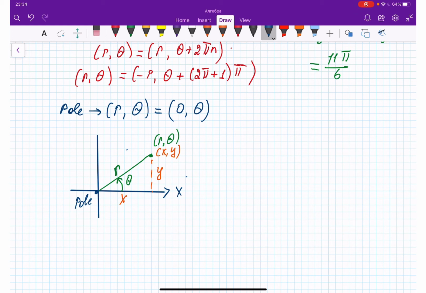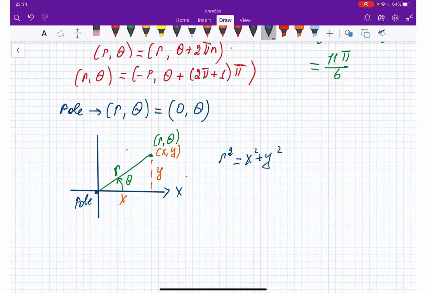Because the point (x, y) lies on the circle of radius r, it follows that r squared is equal to x squared plus y squared.